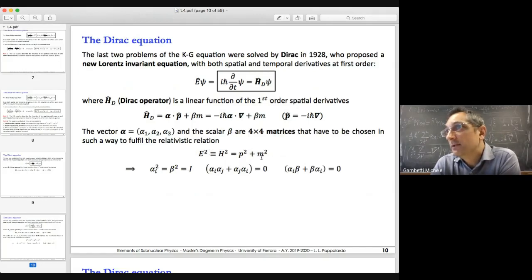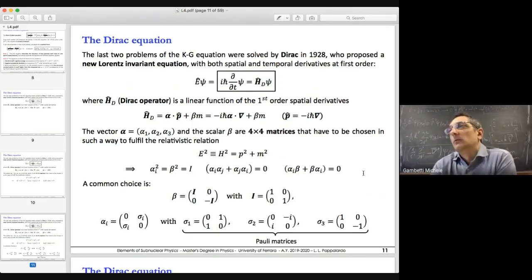One can show this is only possible if the square of each of these matrices is the 4 by 4 identity matrix, and also if they follow these anti-commutation relations: alpha_i alpha_j plus alpha_j alpha_i equals zero for i different from j, and a similar relation for alpha and beta.